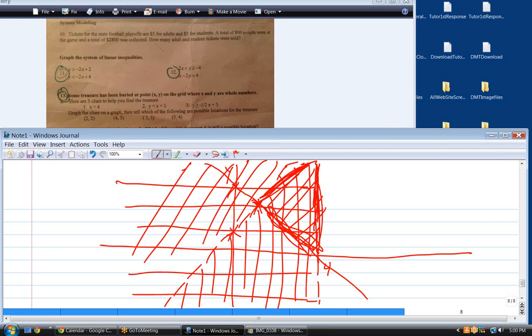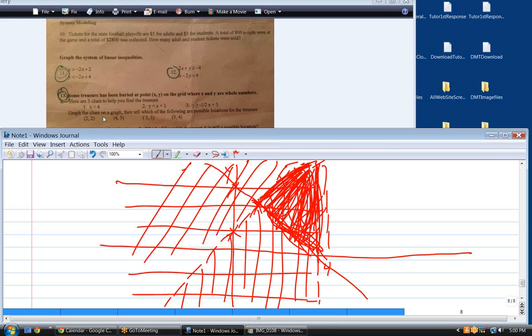But if you had done this on a nice graph with a grid, you'd be able to figure out there's probably only one set of whole numbers that is inside this area right here. And it's got to be dotted on that edge, solid on this edge, dotted on this edge. Which means it cannot be equal to 4. It's got to be less than 4.